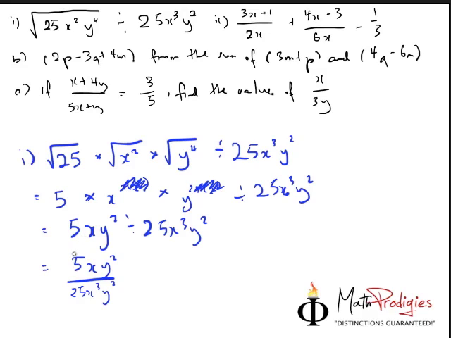So 5 divided by 25, you cancel this, you will have 5 below. X cancels. Now x cubed, we are left with x squared. Y squared and y squared are both gone. Therefore the answer is 1 over 5x squared. Bam! That's the answer.